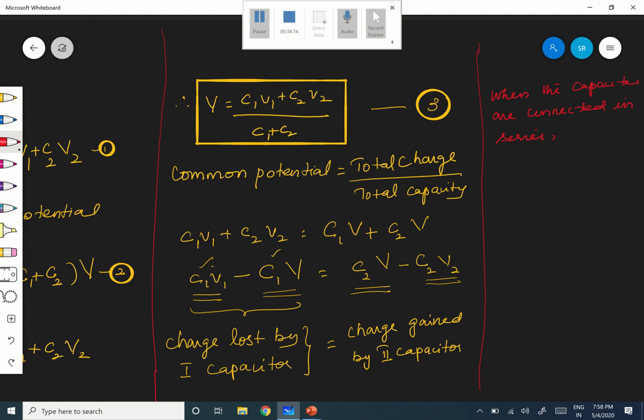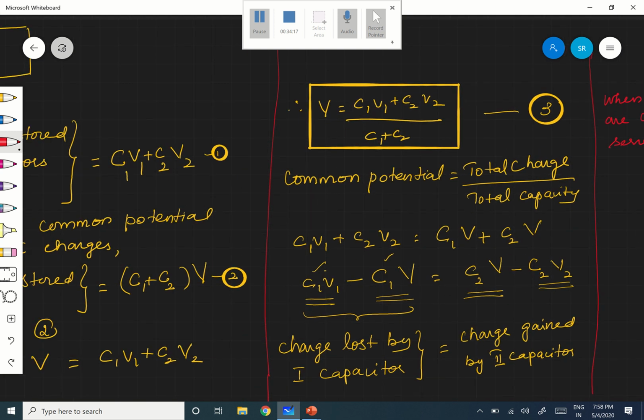That is why the total capacitance is C1 plus C2, no? Total capacitance C1 plus C2 means it is connected in parallel, right?